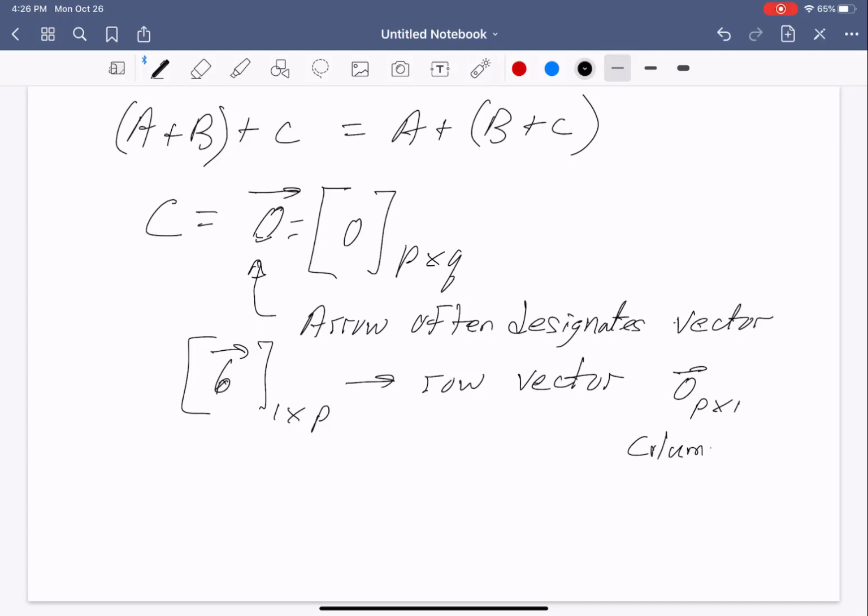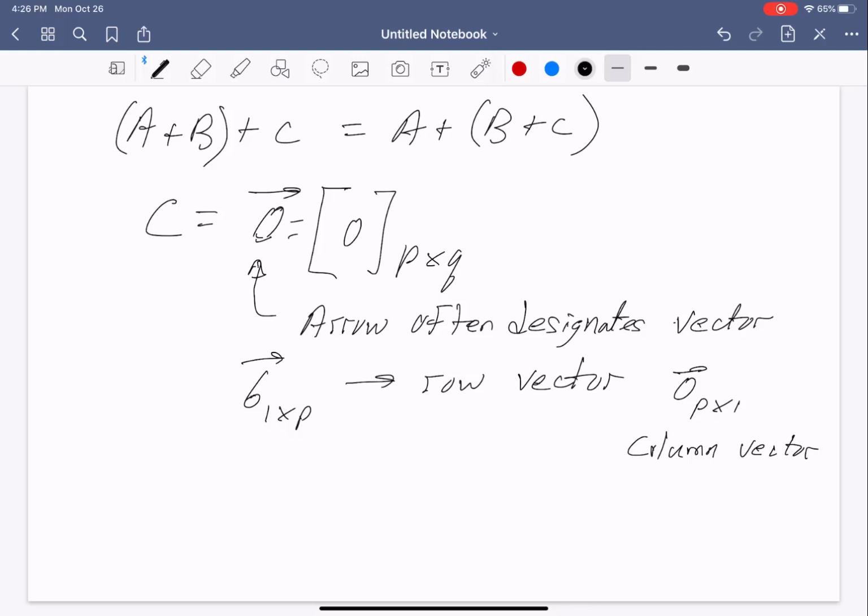So that's why I don't like to use that. I really should take that bracket off that 6 and just put 1. So 6 with an arrow above it is 1 by p, then it's a row vector of 6s.